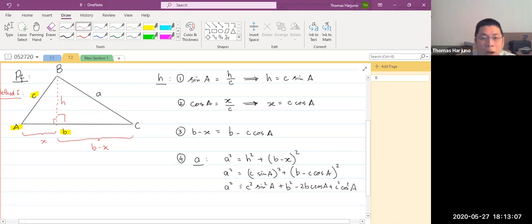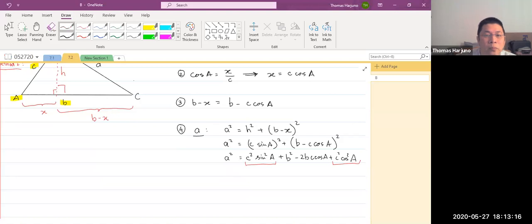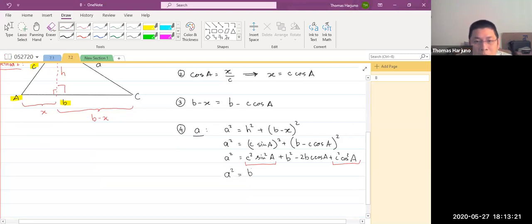Then I will combine this guy with this guy. Okay, let me go down a bit further. Then I will get a squared equals b squared plus c squared (sine squared A plus cosine squared A) minus 2bc cosine A. But sine squared A plus cosine squared A is just 1.